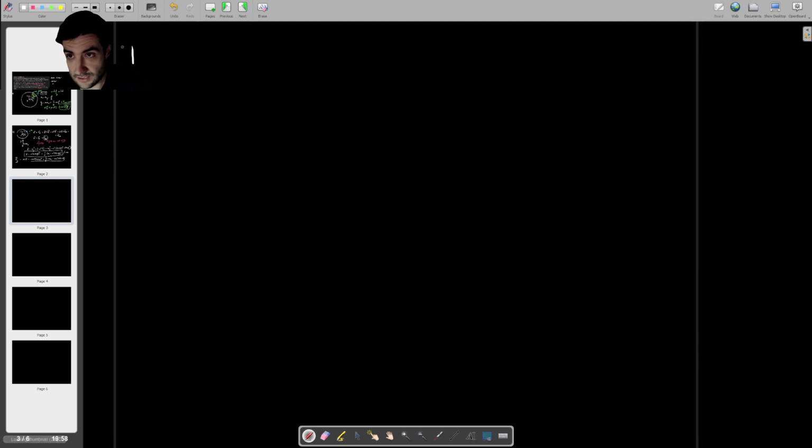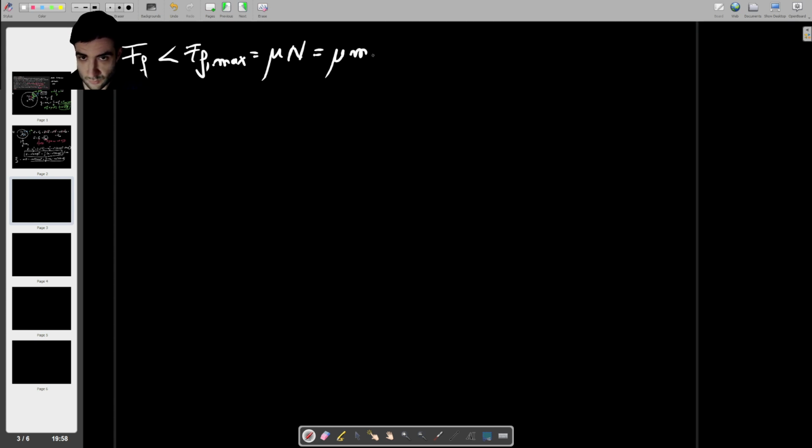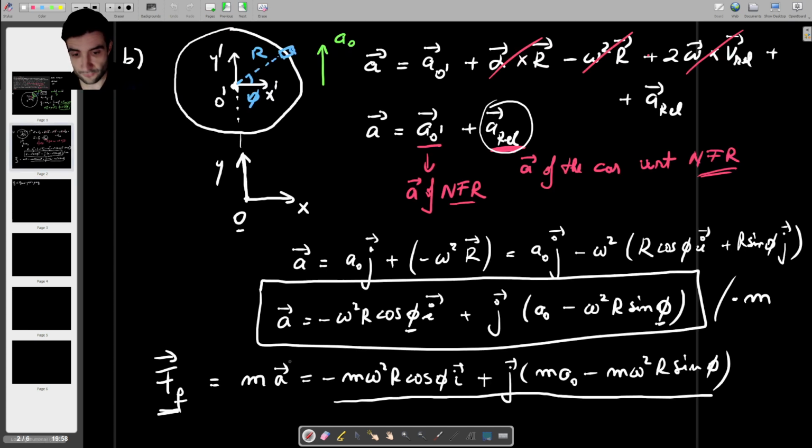So we must have this less than the maximum friction, which is mu times n, which in this case is just mu m g. So the magnitude of the friction we can find by calculating the magnitude of this vector.